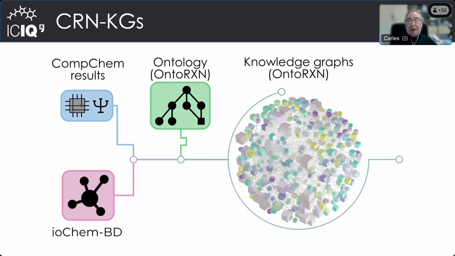And then we realized that to put all this together, we needed an ontology. So an ontology is the way we found to connect the computational chemistry results with the chemical information and the chemical knowledge that is contained in a reaction mechanism, and with that to build what is known as knowledge graphs.